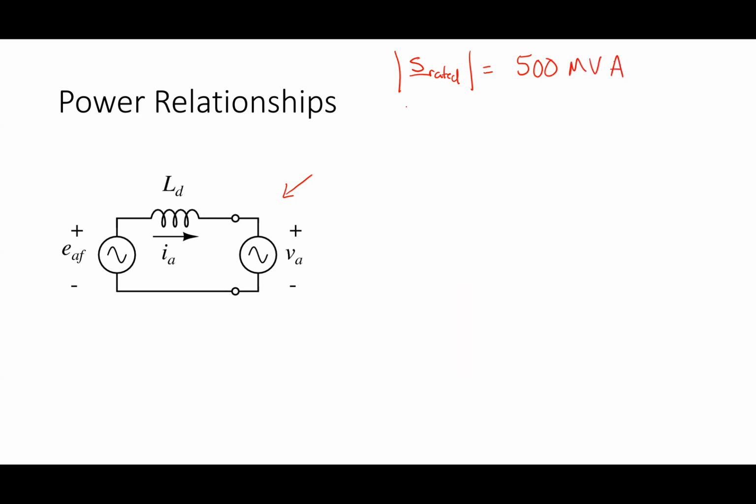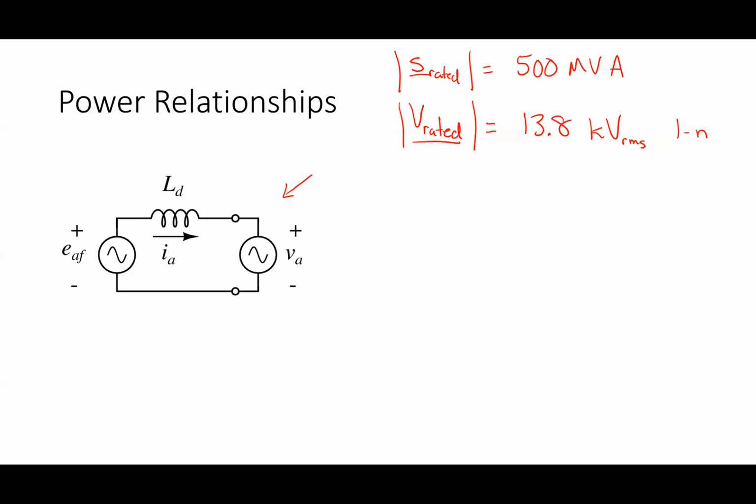And let's say that V rated is equal to 13.8 kV RMS, like that. And let's say that this is the line to neutral voltage, to keep this simple.